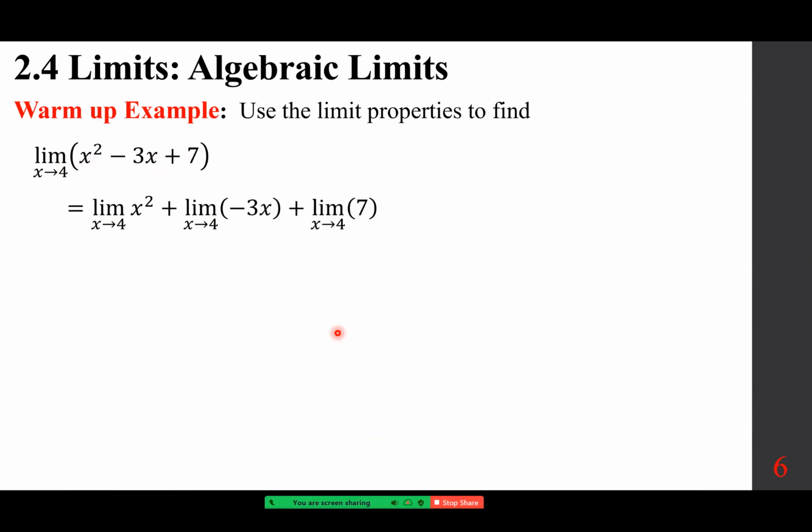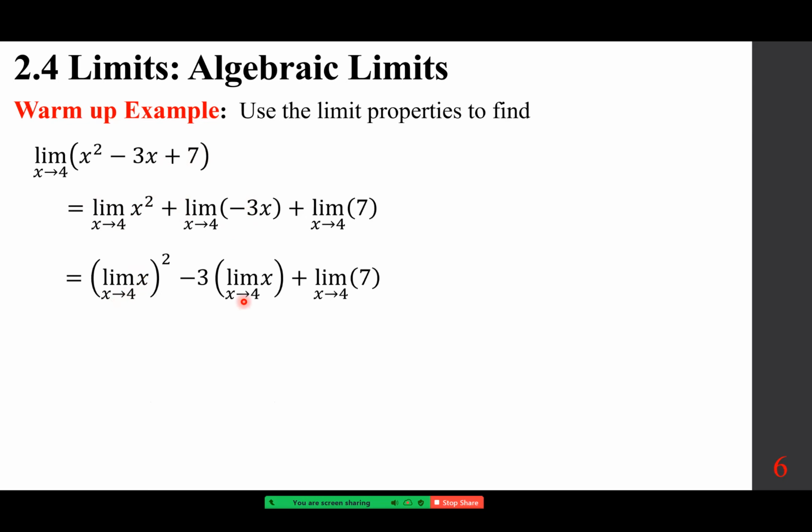So we take a limit for each term. The first one, it's the limit of x to the second power, and this one, -3, comes out. So the limit law says now we can apply the plug-in.